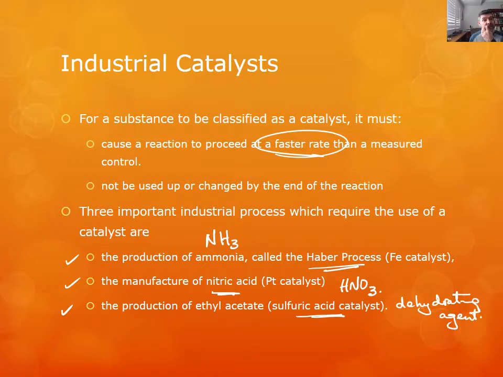In terms of nomenclature, when we are writing out an equation for this, the Haber process, for example, is hydrogen gas plus nitrogen gas produces ammonia gas. And our iron catalyst, to show that it's there, is going to sit on the arrow, okay?